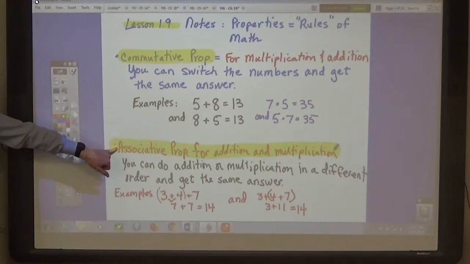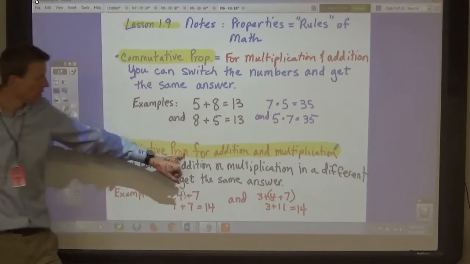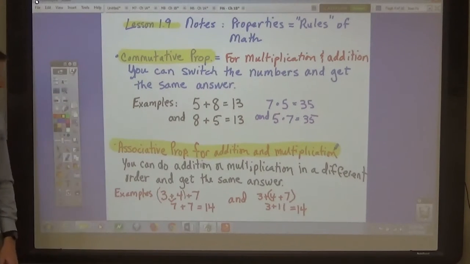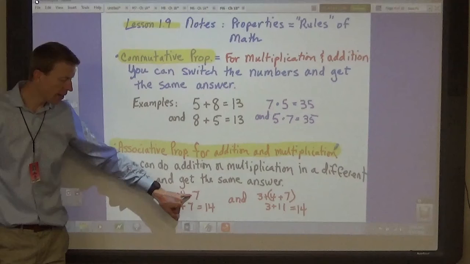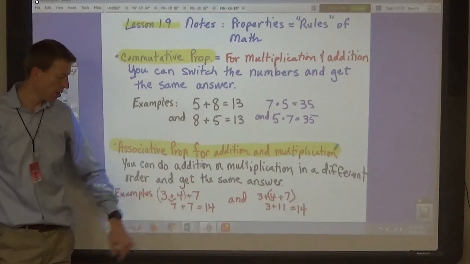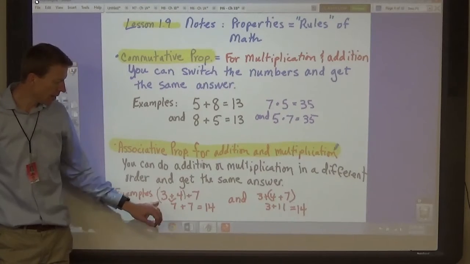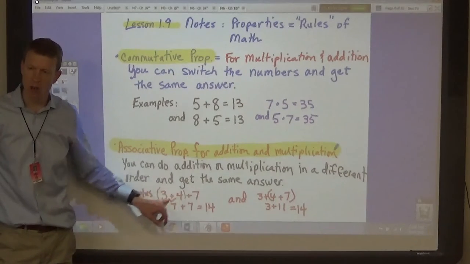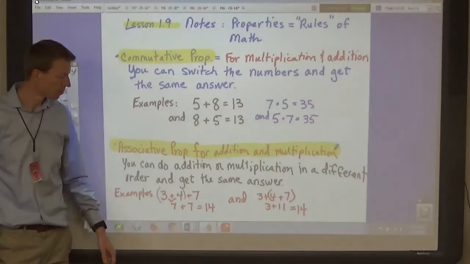Then there's another one called the associative property, and this one also works for addition and for multiplication. And in this one, you'll always have at least 3 terms, or 3 numbers in the expression. And they'll either be all addition or all multiplication.